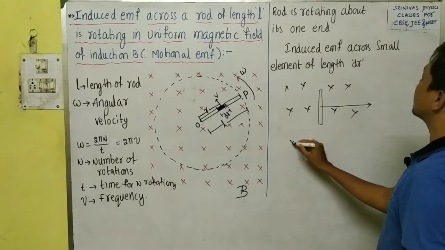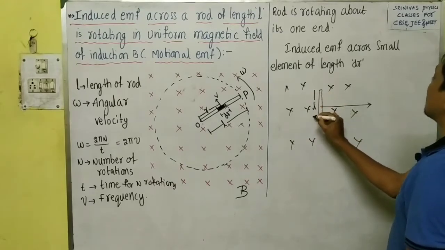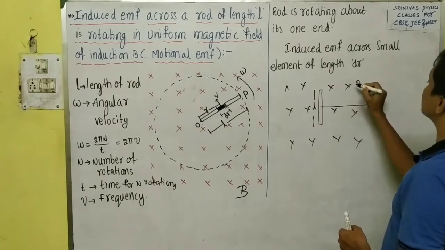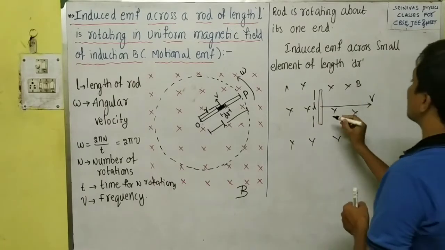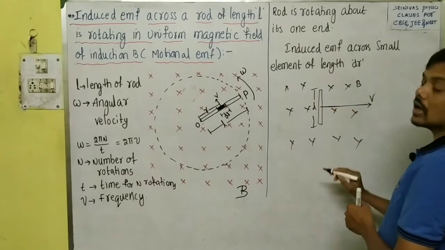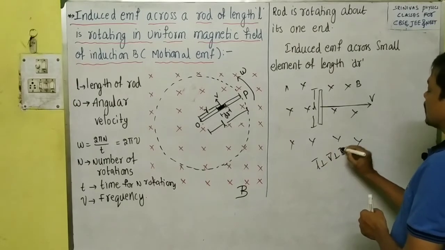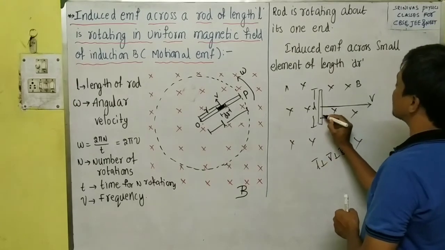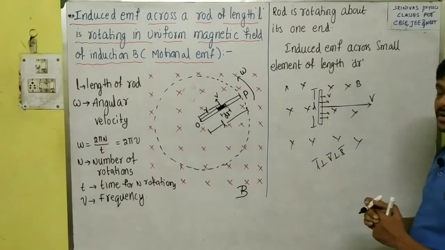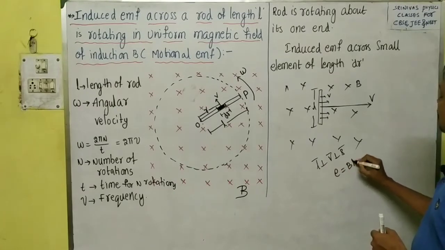It's a conductor of length L, moving with velocity v, and the magnetic field is B. In this case, the length, velocity and field are perpendicular to each other, and the velocity of every point is in the same direction and with the same speed. At that moment, the induced EMF across the rod is BLV.